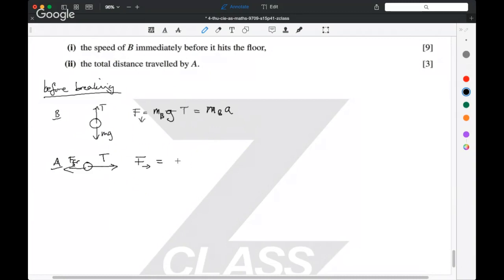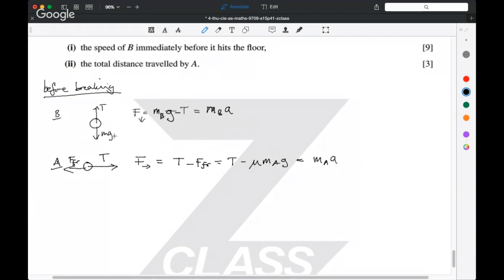So acting this way, the net force is T minus the force of friction, which is T minus mu mA g, and that is equal to mA times acceleration.